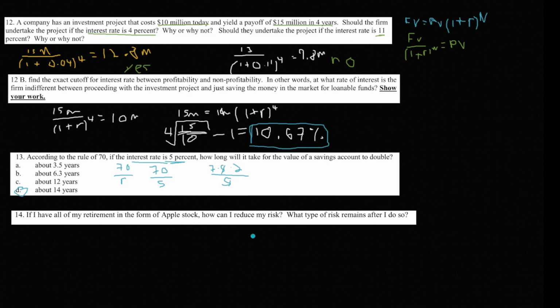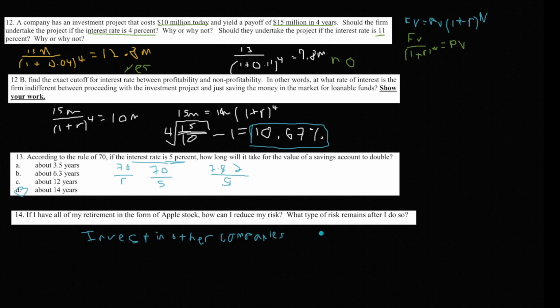So you could say invest in mutual funds or just invest in other companies.